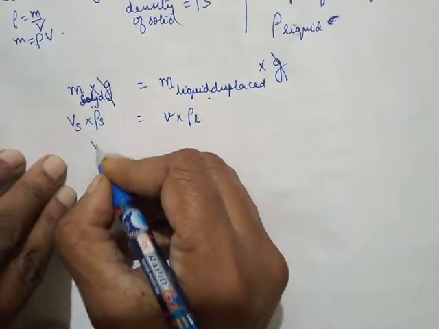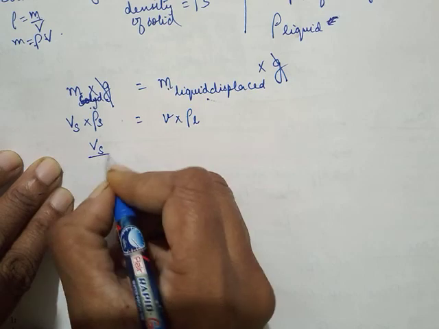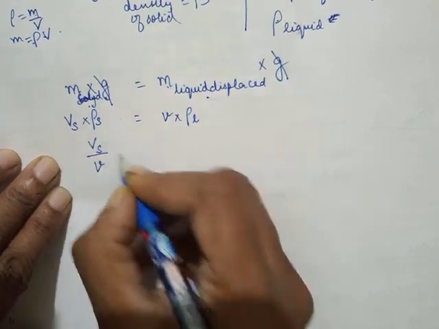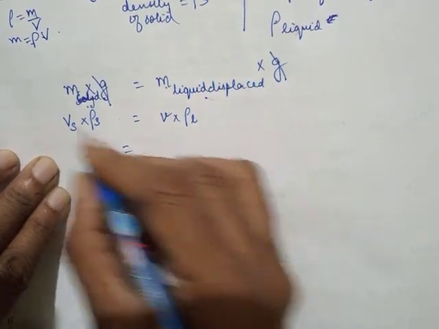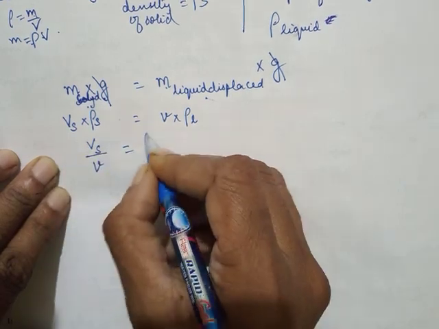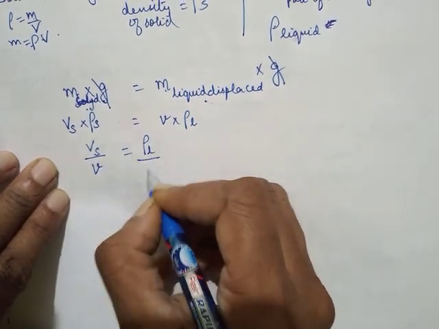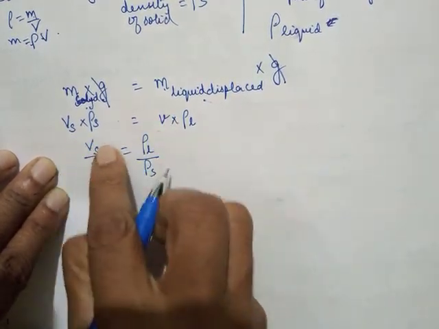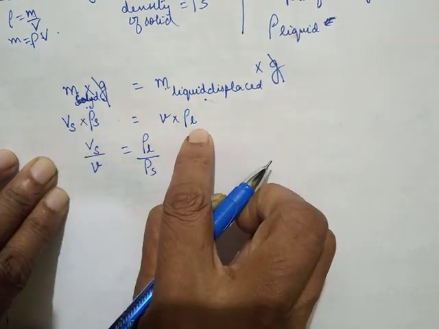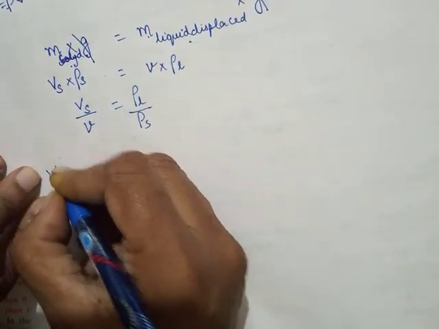So now I can get a relationship like this. Vs upon small v is equal to rho L upon rho s. This I am bringing down to the denominator and this I am taking here to the denominator.